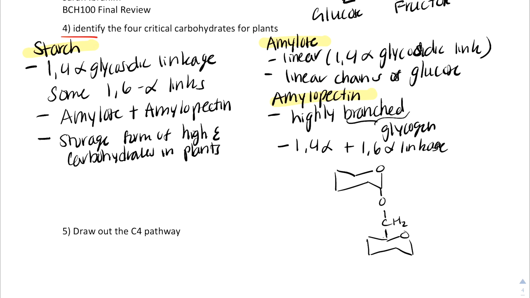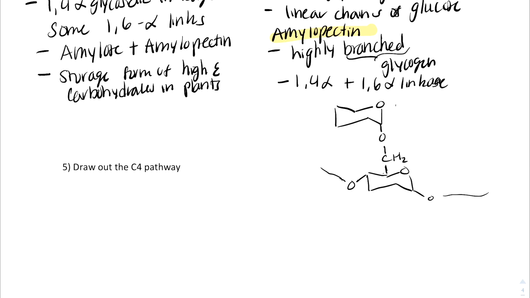But it looks like this, whereas this might be linear because you just have like the whole chains being linear, but then you might have like this part right here, which makes it branched.